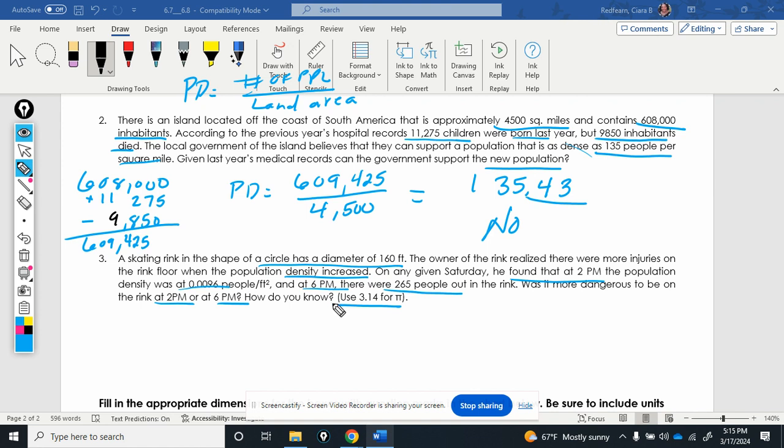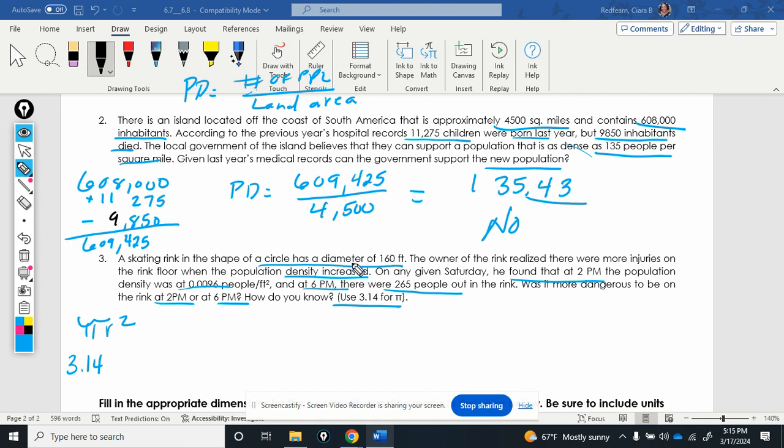So first, we need to know what our land area is. In order to find the land area, we need to figure out the area of this rink. This is a circle. So what is the formula for a circle? Pi r squared. So we're going to do 3.14 times our radius.